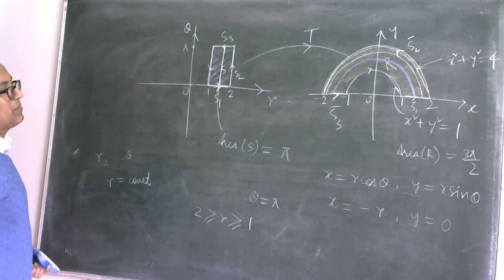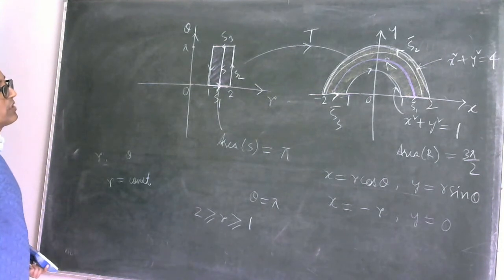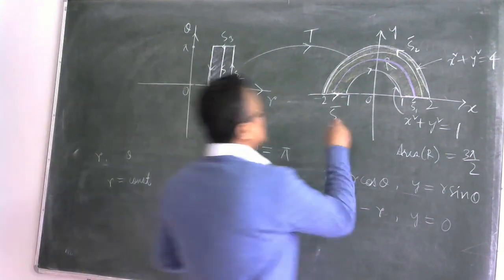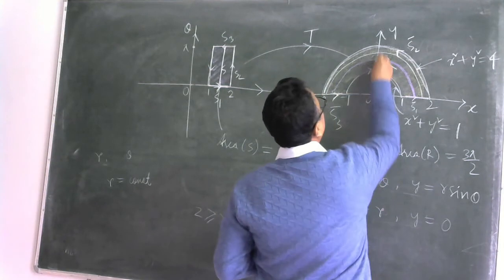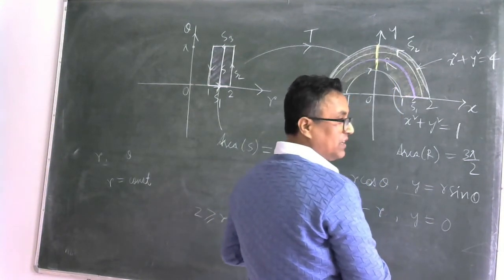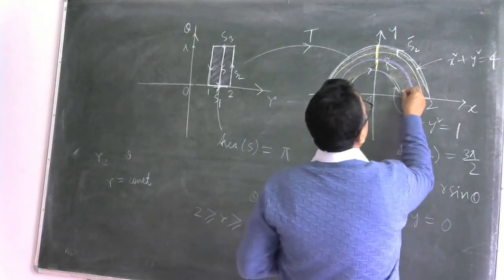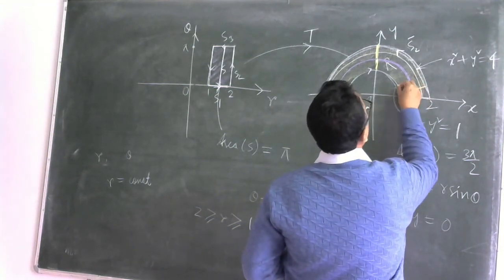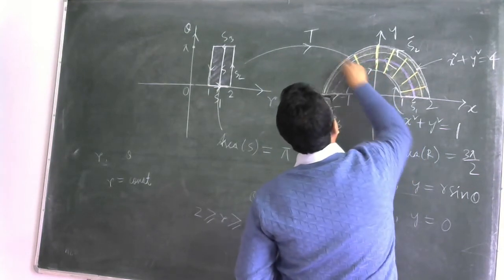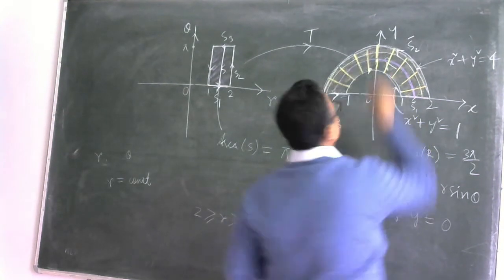If theta is pi by 2, I am simply going to get x equal to 0 and y equal to r, right? So that is going to generate this line. Is it okay? Fine. So it is going to generate something like this. Okay. This is what it is.